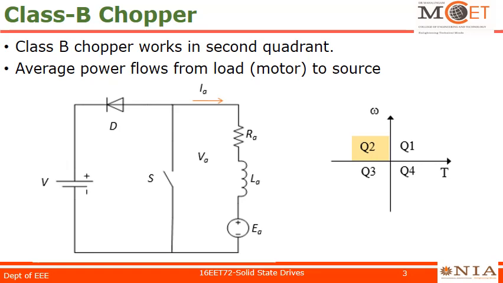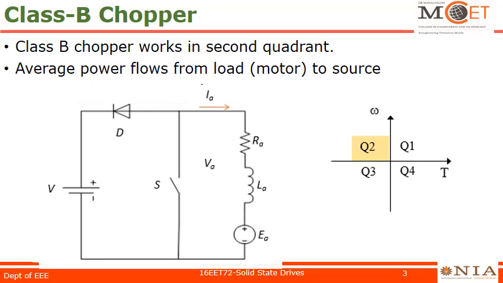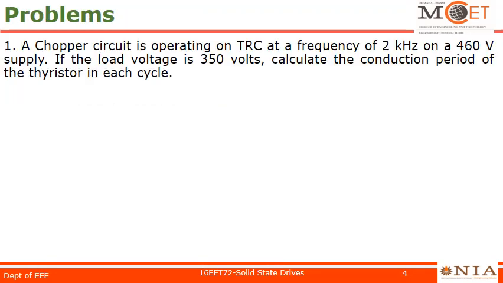Before that, we can see some simple problems relating to class A and B. Problem number 1: a chopper circuit is operating on TRC, time ratio control, that is nothing but PWM, at a frequency of 2 kHz on a 460 volt supply.